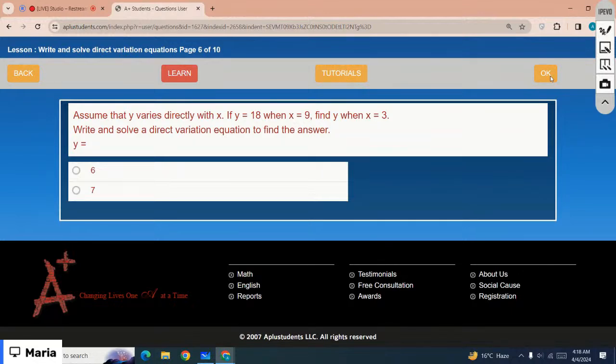Assume that y varies directly with x. If y equals 18 when x equals 9, find y when x equals 3. Write and solve a direct variation equation to find the answer. So, which is the correct option?